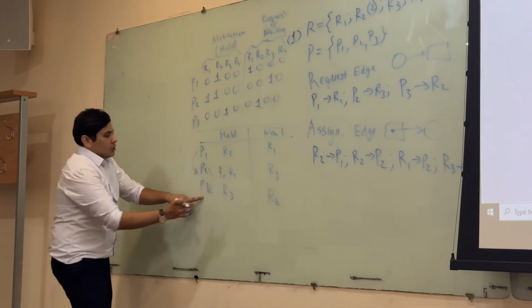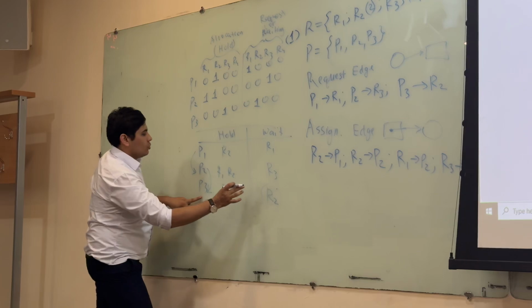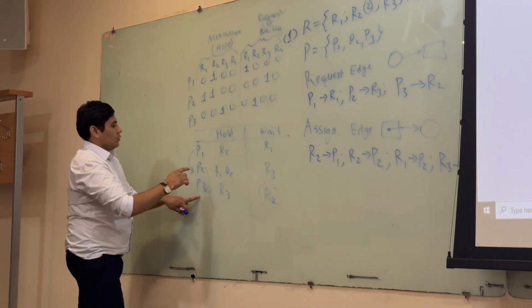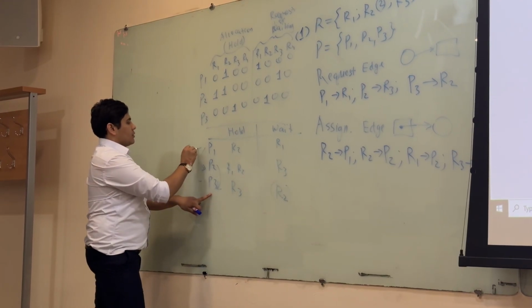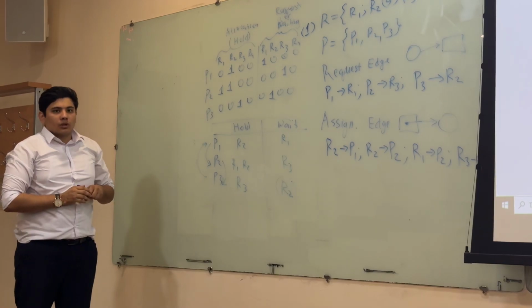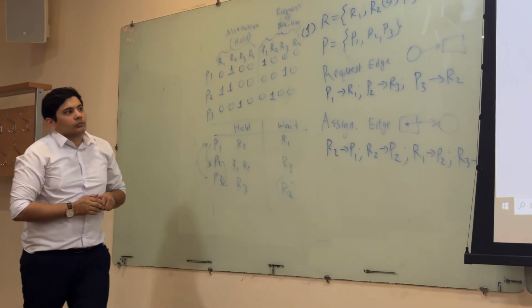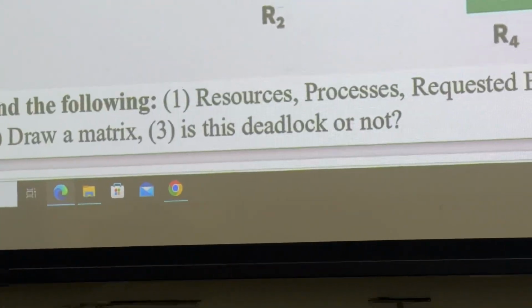P3 needs R2, and R2 we can find from P2 or P1. So it's basically stuck. Is this a deadlock? The answer is yes.